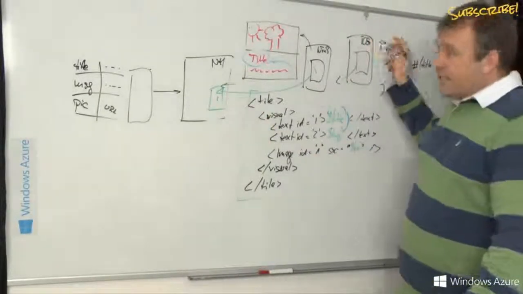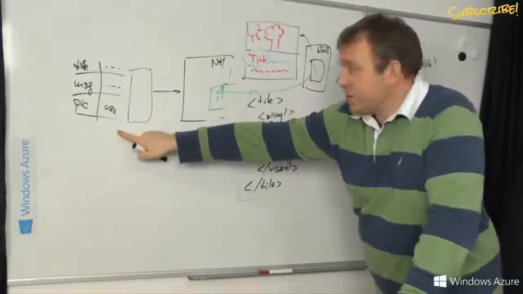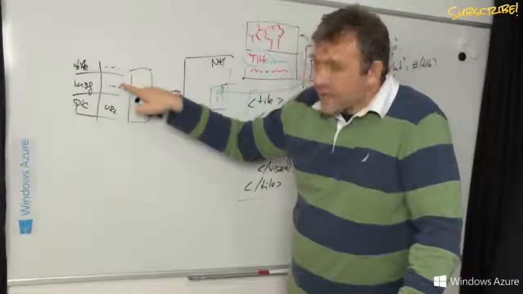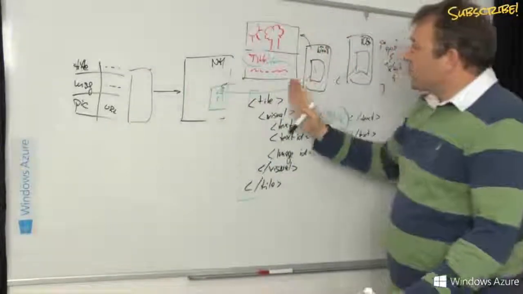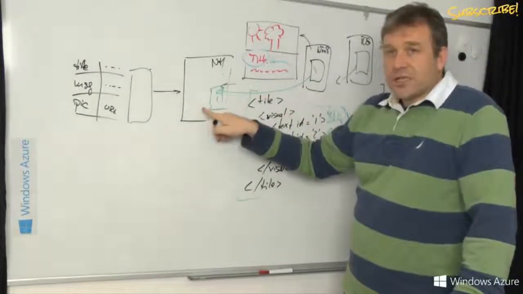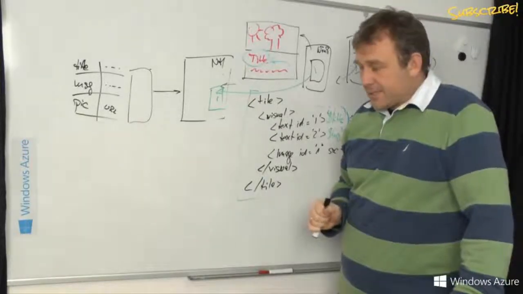Same thing with iOS, and they all hook up to the same thing. So I take a raw notification, a raw message which only carries the data, and I don't need to worry about formatting, because the formatting is done inside the infrastructure, inside the notification hubs that Service Bus provides.